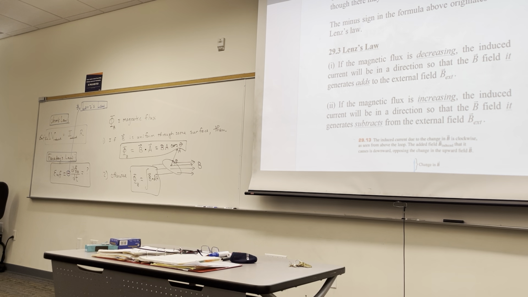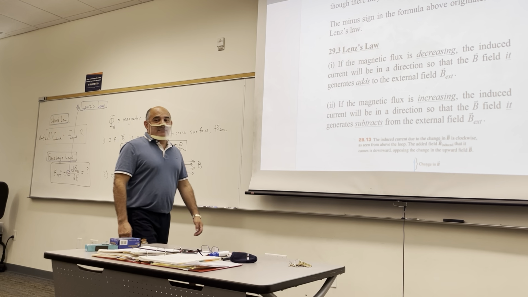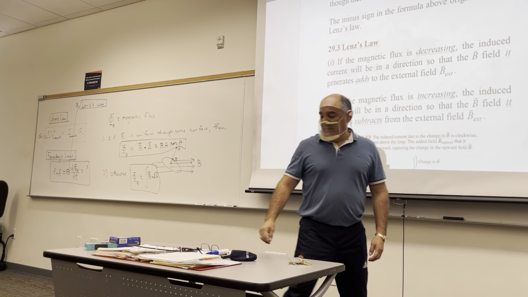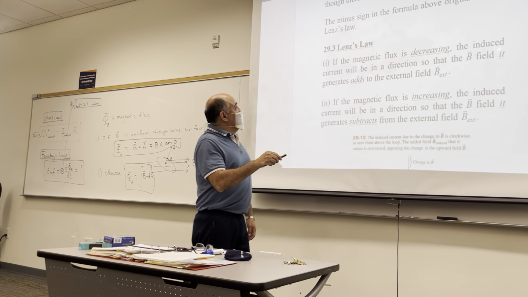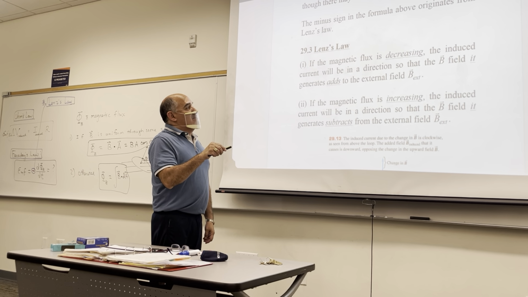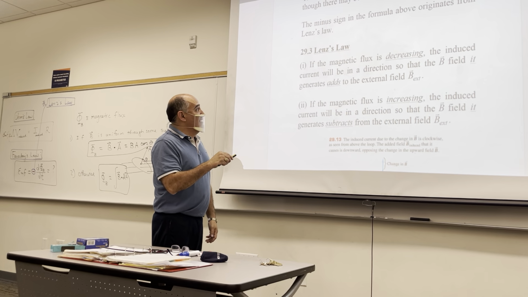What did I say? If the magnetic flux is decreasing, which was the case when I pulled the magnet farther and further away, then the induced current in the loop will be in a direction so that the magnetic field it generates adds.